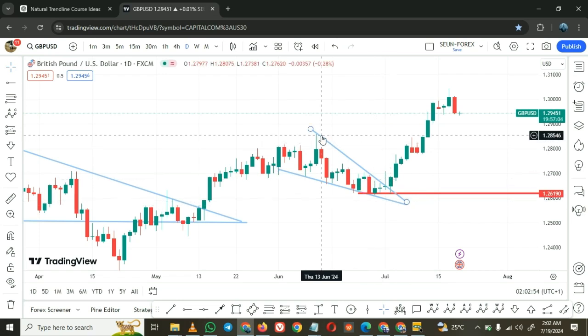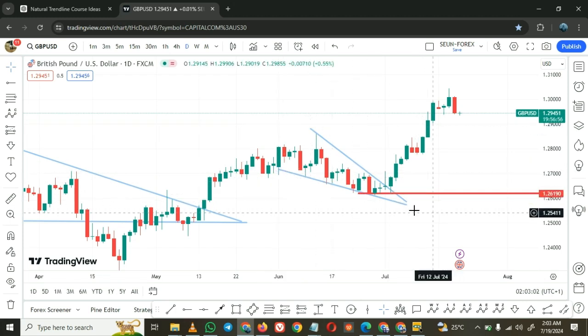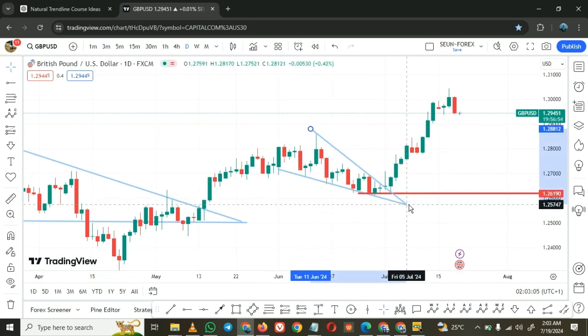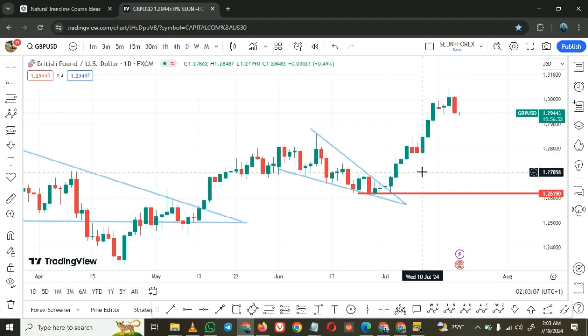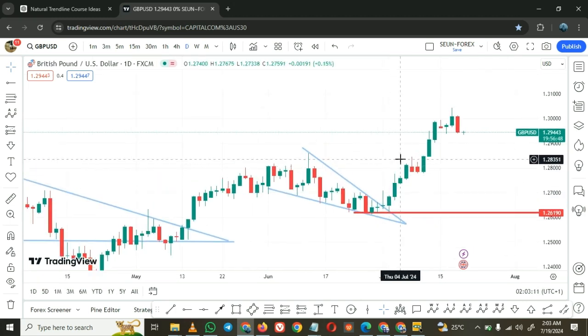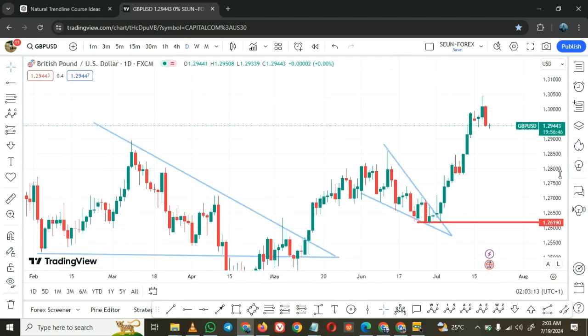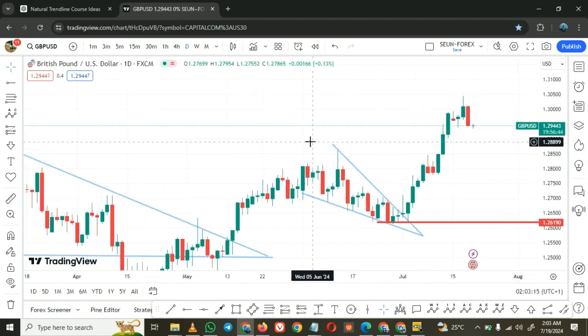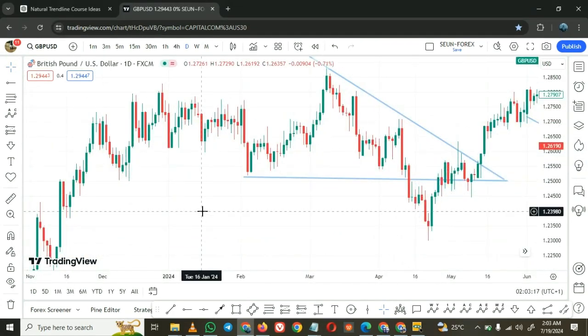You can see that the trend lines, they were two, and they meet at a specific point and there was a breakout. This is a strategy for breakout for chart patterns. This is a falling wedge breakout chart pattern.